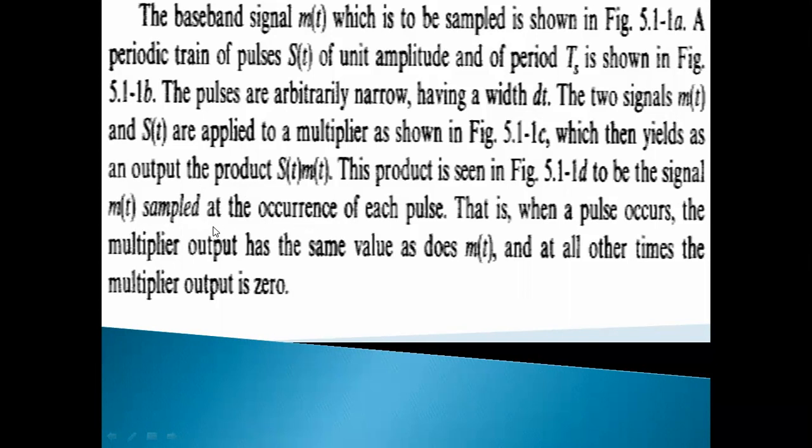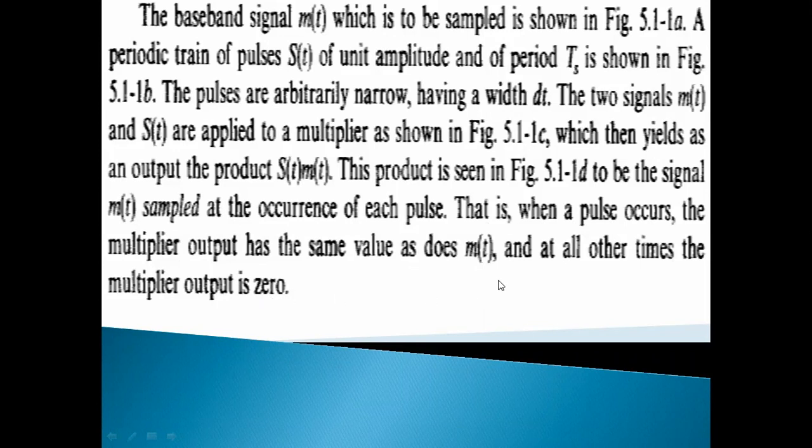So now M of t is sampled at the occurrence of each pulse. When the pulse occurs, the multiplier output has the same value as M of t, and at all other times the multiplier output should be 0.